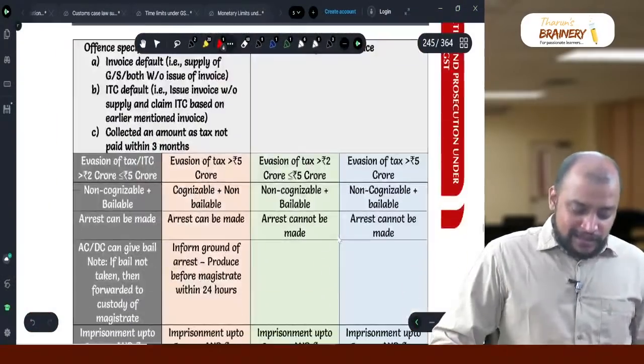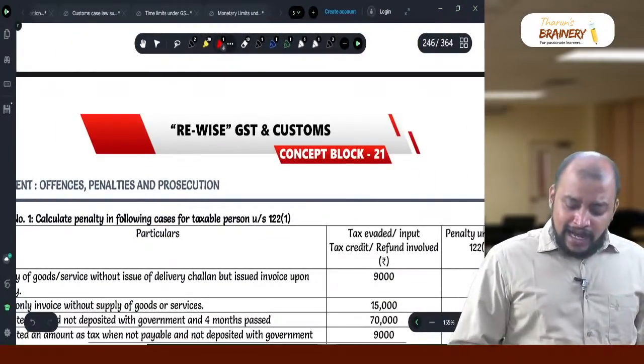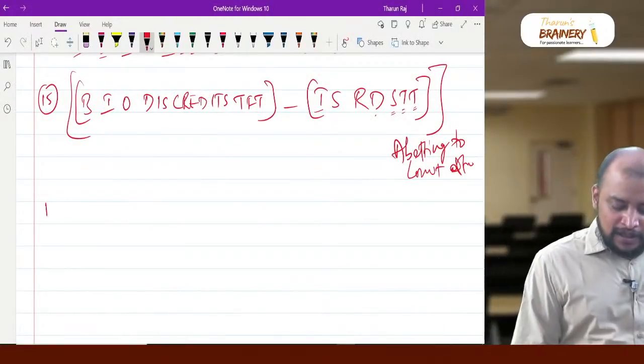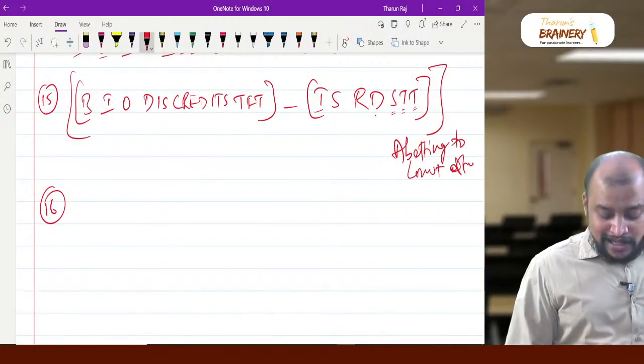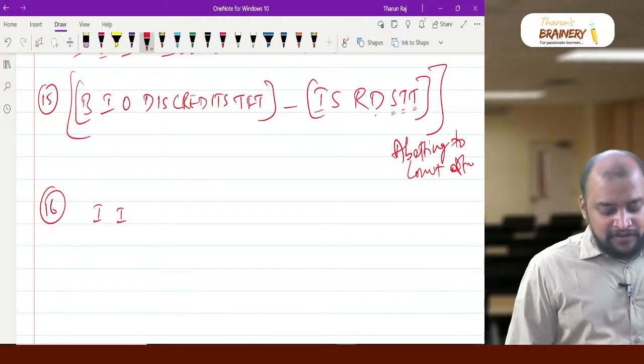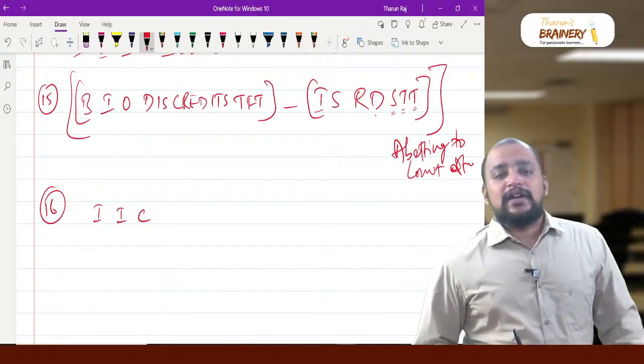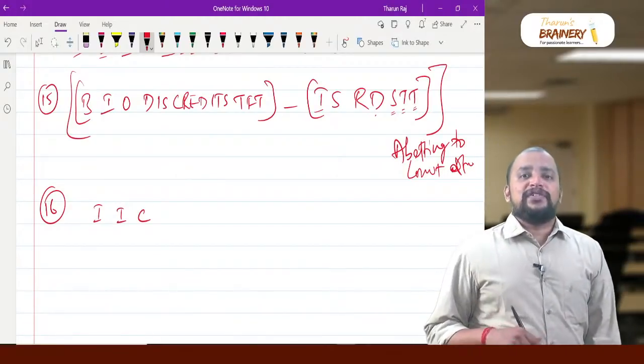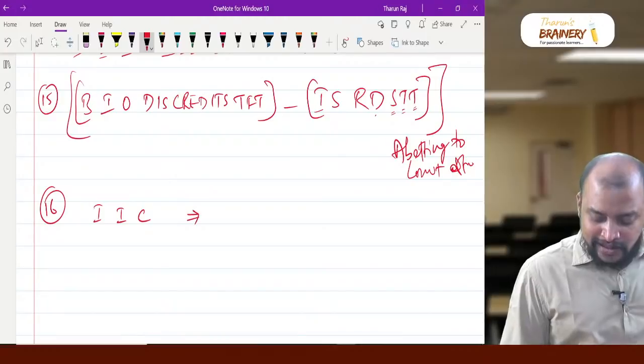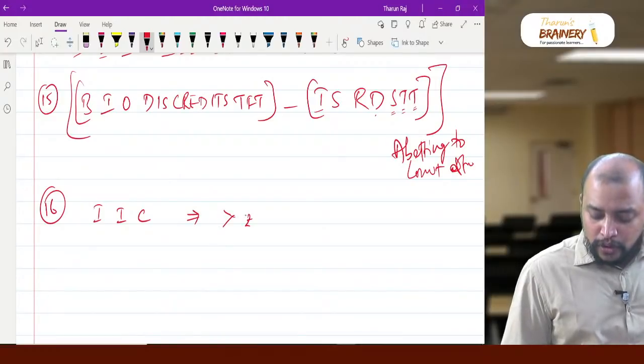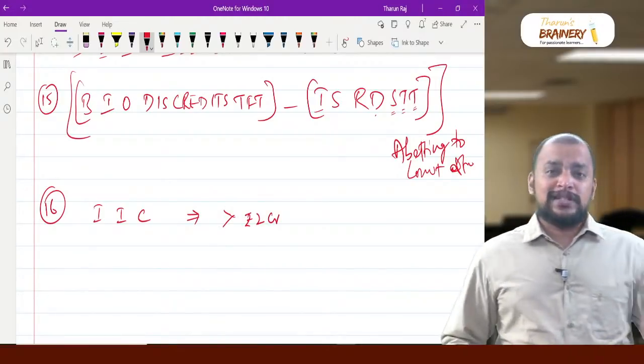So that is this. And then arrest, when will arrest be applicable? Arrest will be applicable in case of invoice default, ITC default, and collected amount as tax and not paid within 3 months. In these 3 cases, if the amount exceeds 2 crores, then arrest.